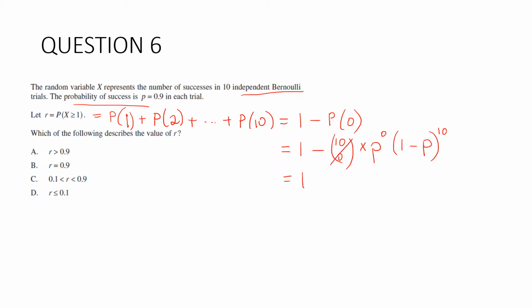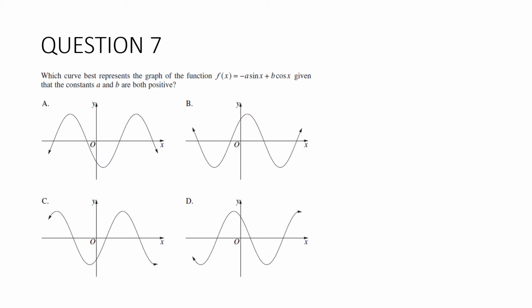That's 1 and that's 1. So this is 1 minus p, which is 0.1 to the power of 10. Putting that into the calculator, 1 take away 0.1 to the power of 10 gives me 0.999..., which is A.